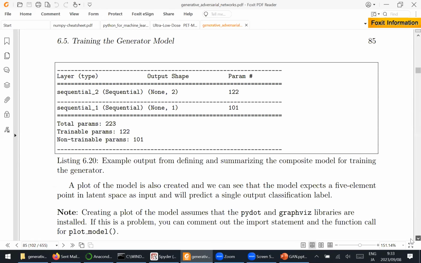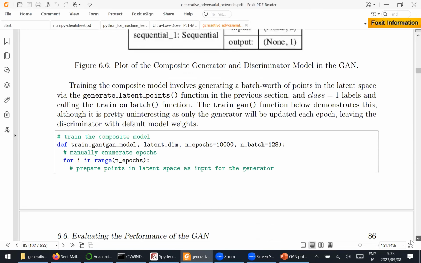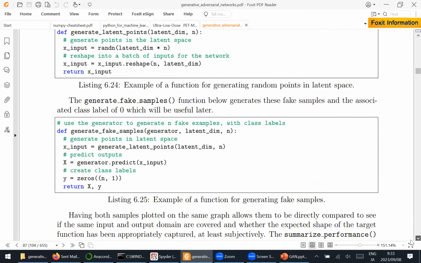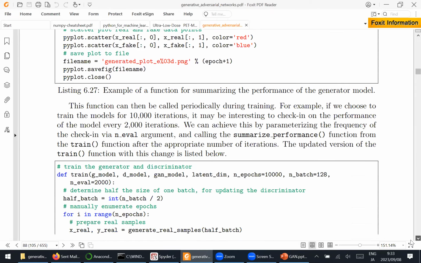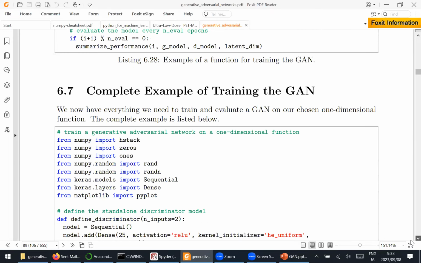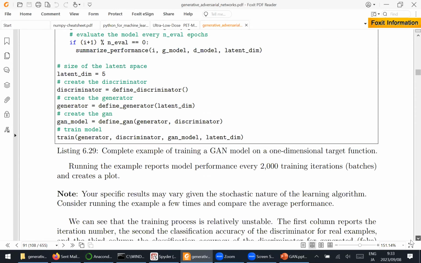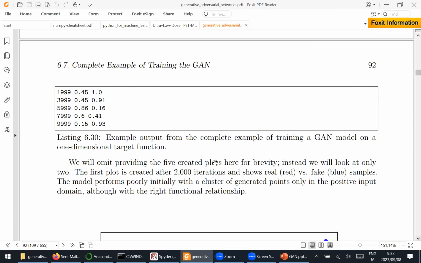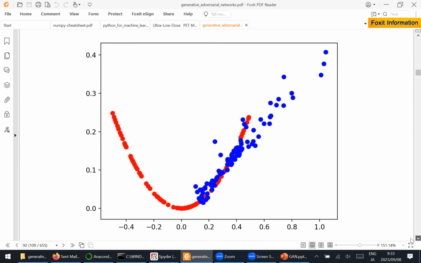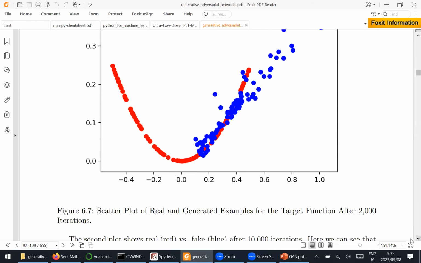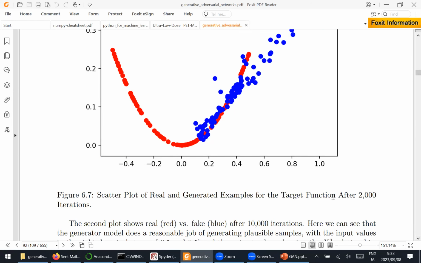Okay, so if we were patient and we waited for that to finish, we would get something like this. Okay, it gets output like this. I think the red is the real examples. And this is after 2,000 epochs.